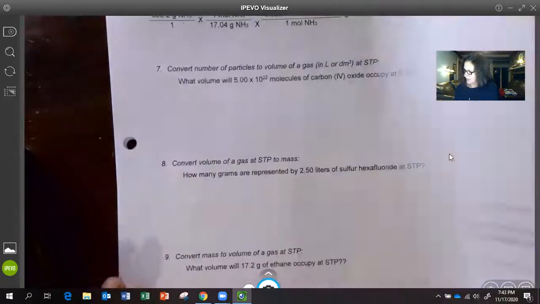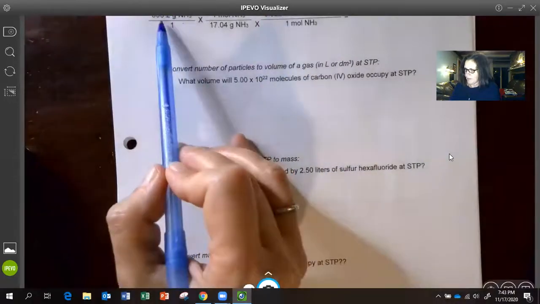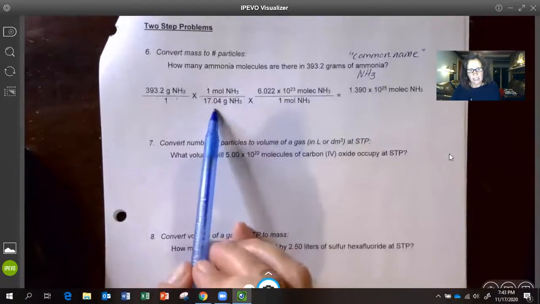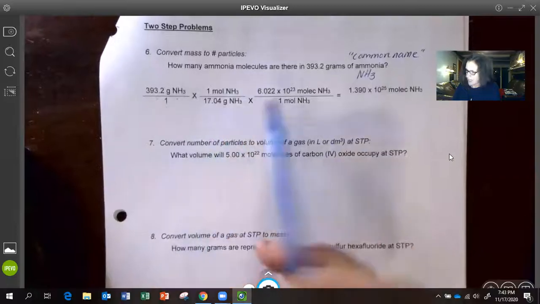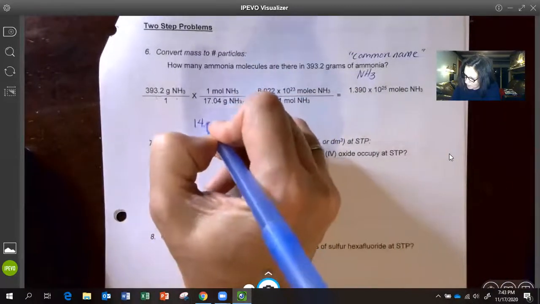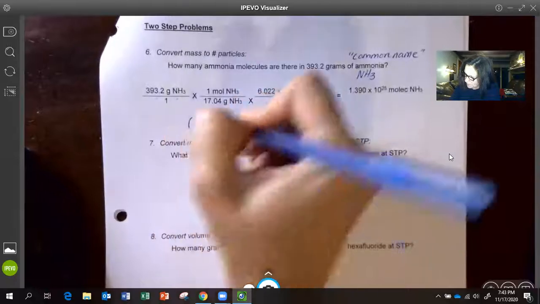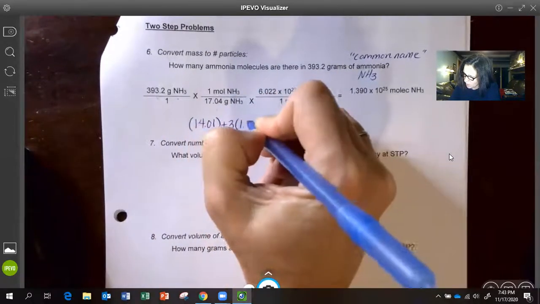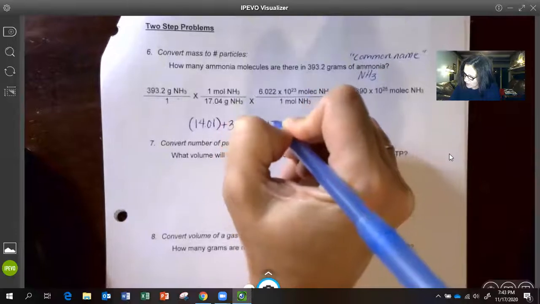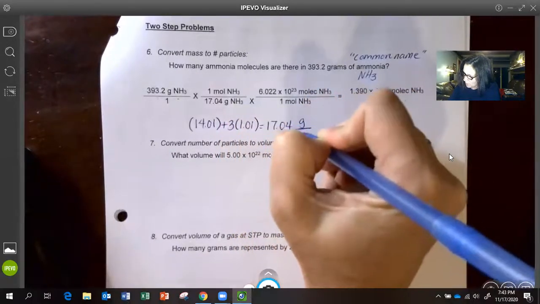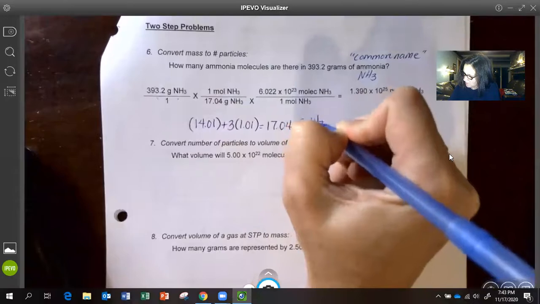So let's set that up. We have grams. We've calculated the molecular mass of NH3. Nitrogen has a mass of 14.01. We have 3 hydrogen atoms, each with a mass of 1.01. So that's where my 17.04 grams per mole comes from.